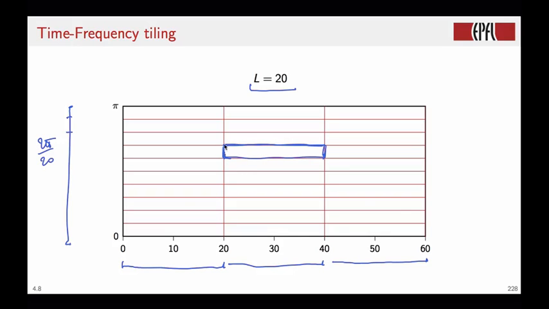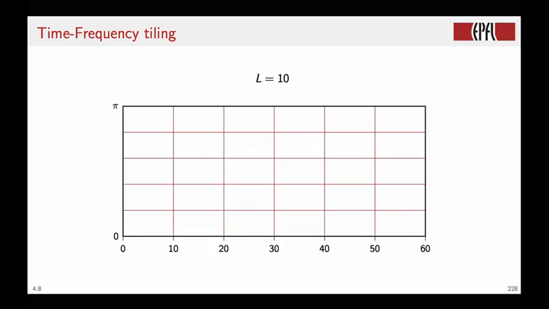So each tile in the time-frequency plane will have a horizontal size of 20 and a vertical size of 2π over 20, and everything that happens in the time-frequency plane within this tile will be summed up by just one STFT value.